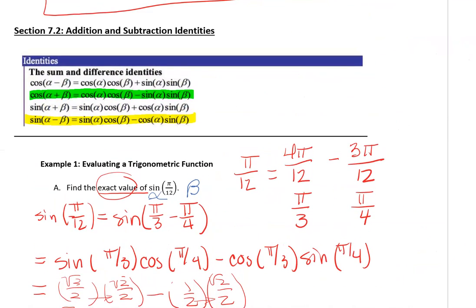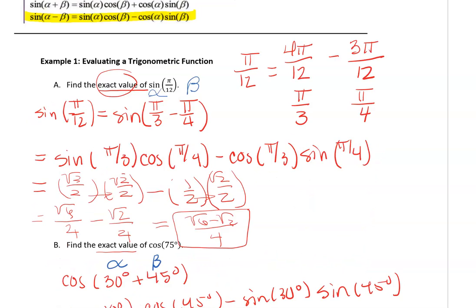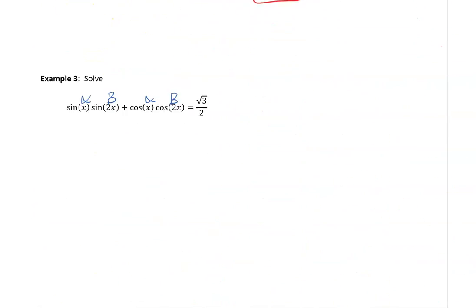In these identities, you can see that sine of alpha sine of beta plus cosine of alpha cosine of beta would be right here. I've got two cosines, alpha and beta, and two sines, alpha and beta, and they're being added. So this would be the simplification that I want to make in this problem.